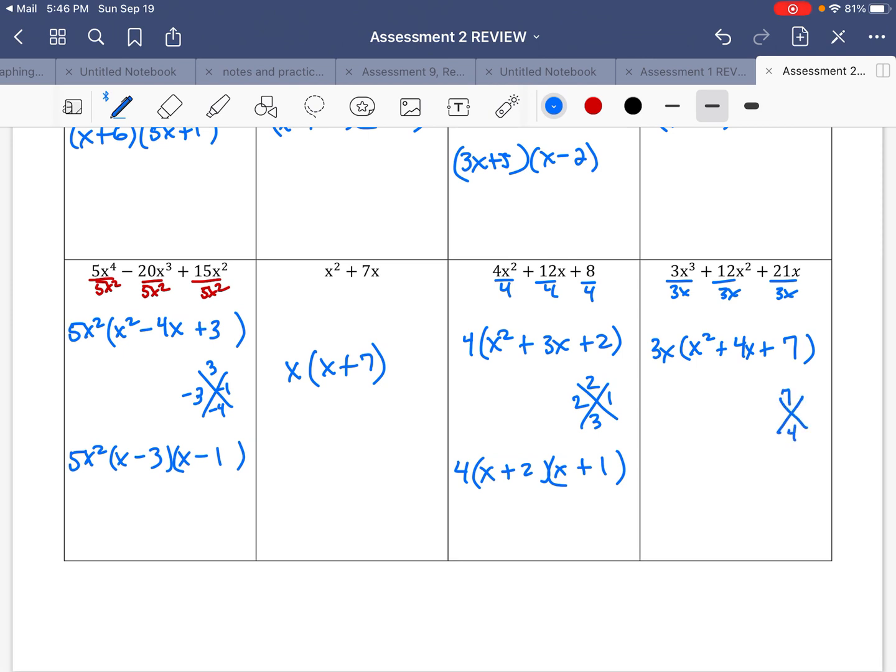Now, the only thing that multiplies to 7 is 7 and 1. But 7 and 1 don't make 4, so I can't do it. So this is finished right here. There's no more factoring that can be done. This part right here, you would call that prime, but the 3x is already out, so this is my answer. Okay, and that is it.